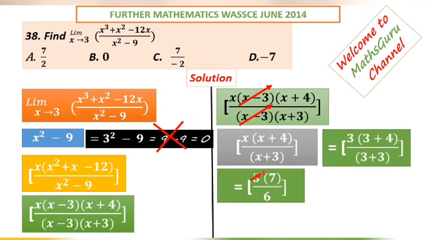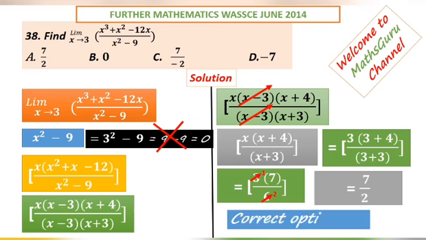So we can simply strike out 3 by dividing it by 3, 3 by 3 to give us 1, and 6 by 3 to give us 2. And this expression will be equal to 1 times 7, which is 7, over the denominator, which is 2. Therefore, the correct option is A, which is 7 over 2.